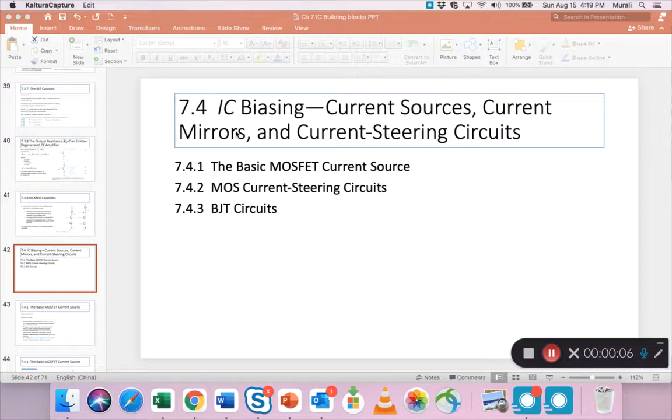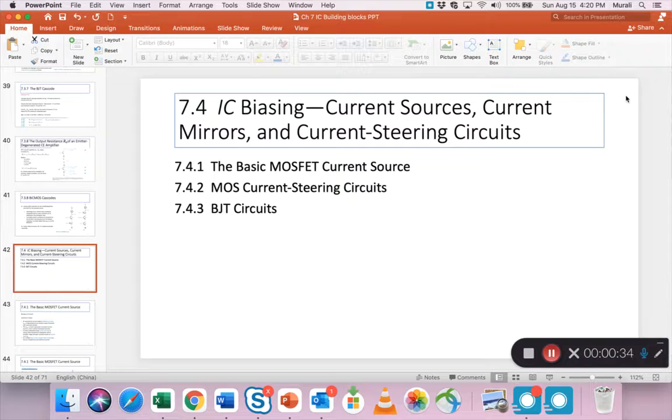We've done two important topics in chapter 7, and we are in week 6 still. So, the two topics of importance were defining the basic gain cell and looking at the cascode method to improve gain and output resistance of the gain cell.